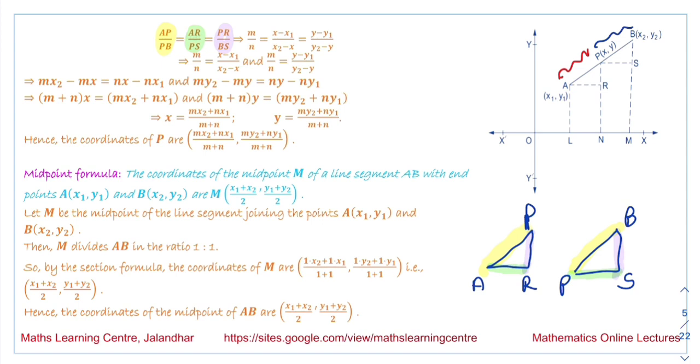What we have considered in the question is that this ratio is m is to n. M is to n means this ratio PA is to PB, because the coordinates of this point P should be such that it divides the line AB in the ratio m is to n.